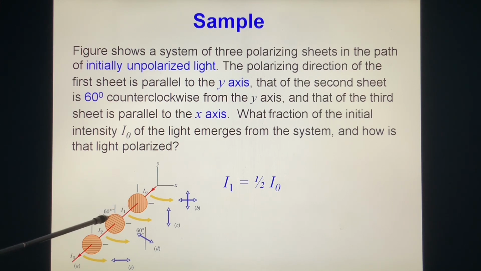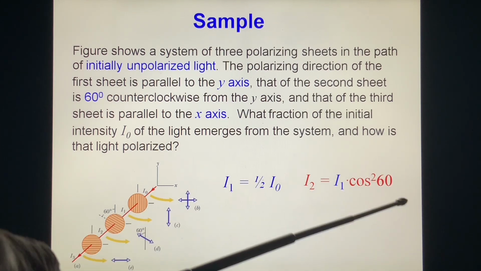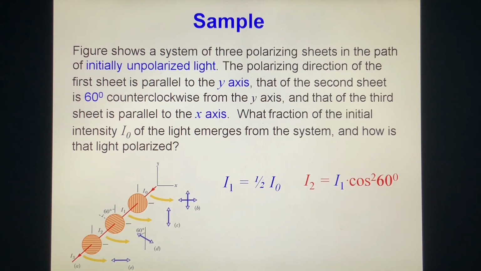The angle is 60 degrees, so I2 equals I1 cosine squared of 60 degrees. And for this one, the angle is 30 degrees, because it's 60 to 90. So I3 is I2 cosine squared of 30 degrees.